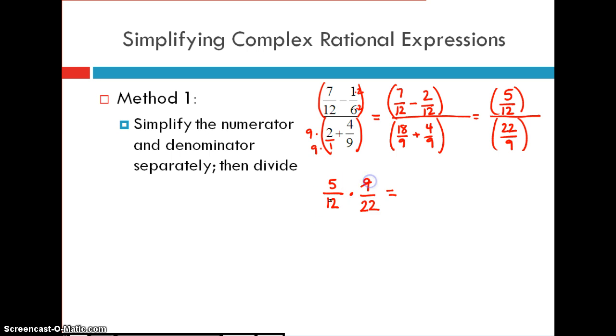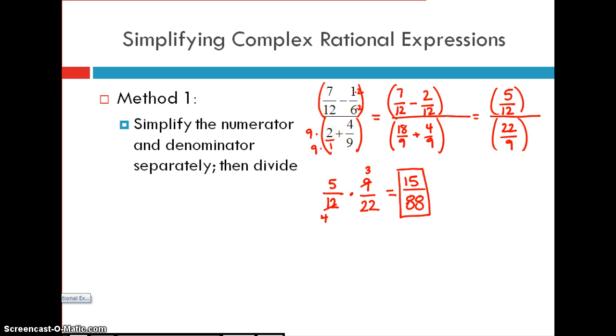So for example, 3 goes into 9 3 times, and 3 goes into 12 4 times. And I don't think there's anything else that simplifies. So if I multiply straight across, 5 times 3 is 15. And 4 times 22 is 88, and this would be my final answer to this complex rational expression.